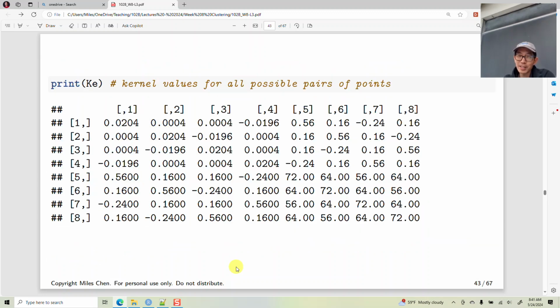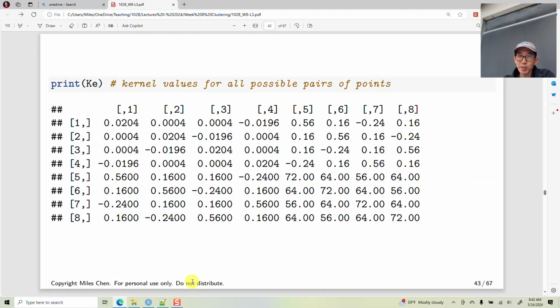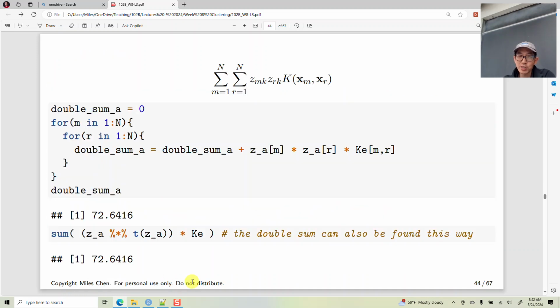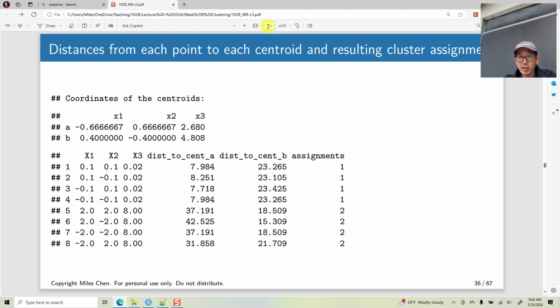This feels like a lot of work because we have to do this double summation and calculate this matrix. But if you do this, you can get the distances to centroid A, despite never actually calculating the location of centroid A. So look at slide 36.